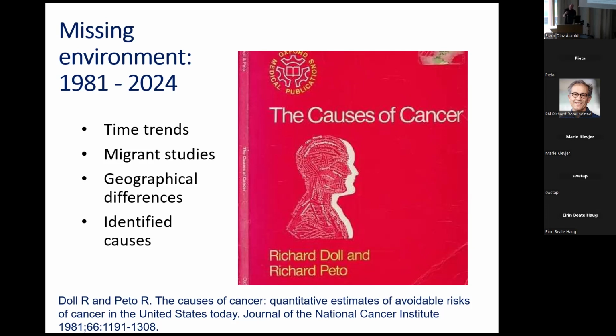So what they did is they looked at the best registration and mortality data in the US, and then they looked at places which had reliable data, where you think ascertainment would be reasonable, but low rates.